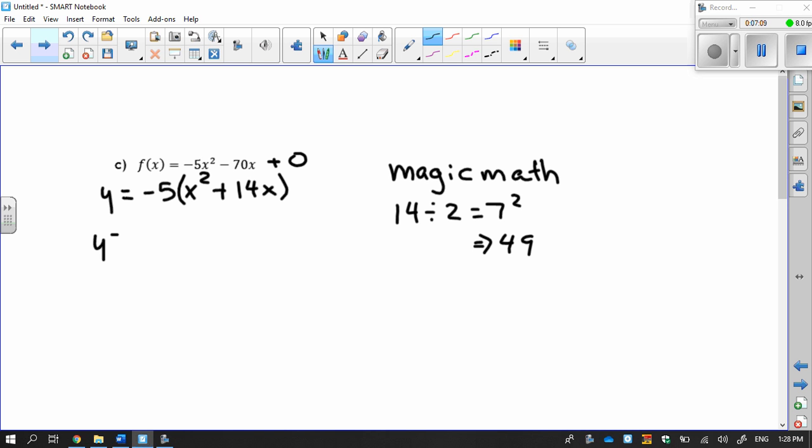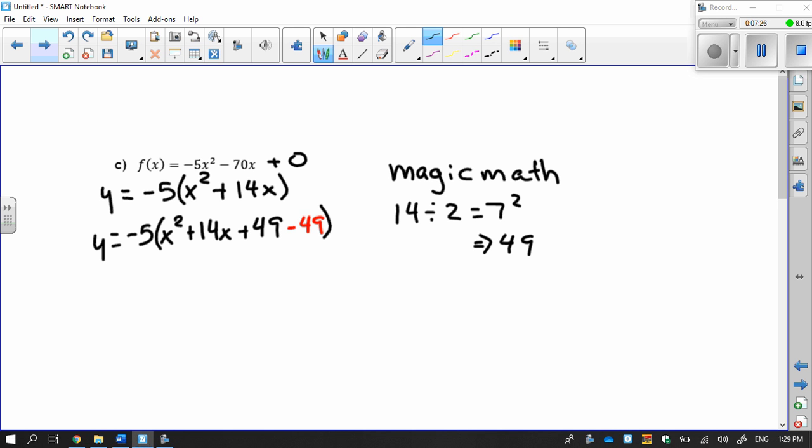So y is equal to negative 5 bracket x squared plus 14x plus 49 minus 49. Let me close the bracket.